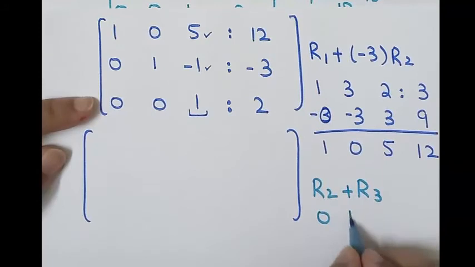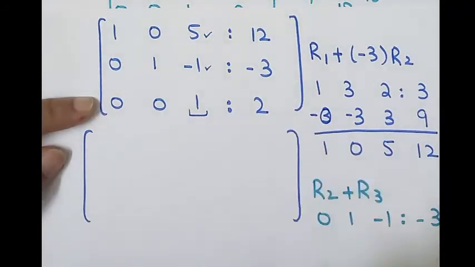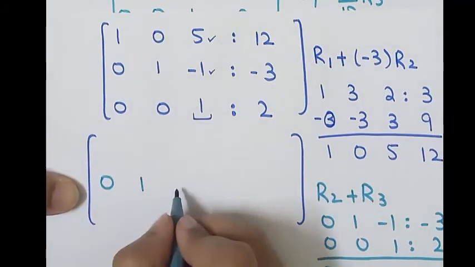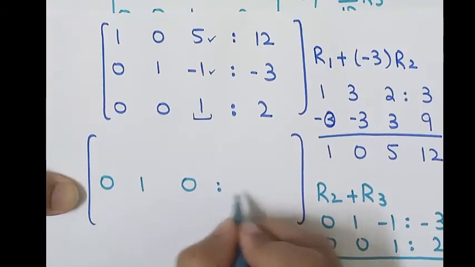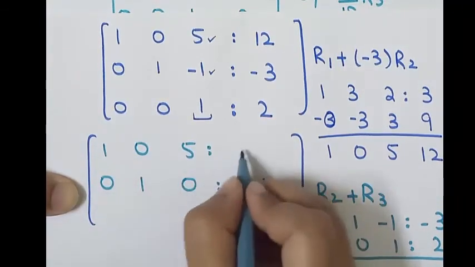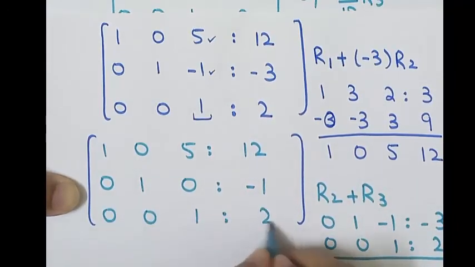R2 is 0, 1, minus 1, minus 3 and R3 is 0, 0, 1 and 2. So adding them we have 0, 1, 0 and this is minus 1. R1 is 1, 0, 5, 12, and R3 is 0, 0, 1 and 2.